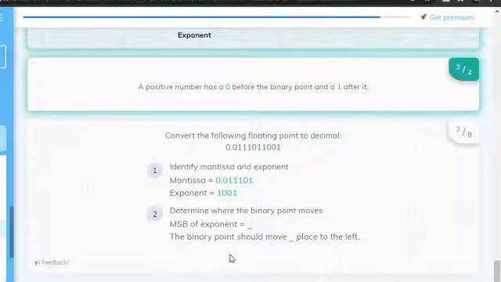Determine where the floating point moves. It moves 9. Why should the binary point move to the left?